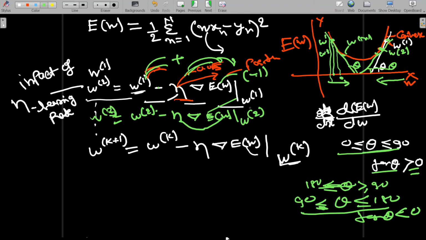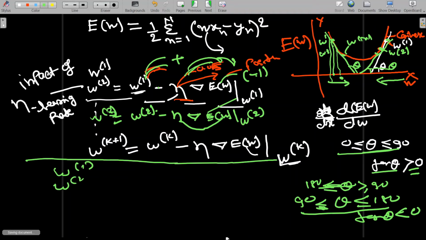Now let's consider that we have picked a very high eta value. What would actually happen? If you see here, you have the W1 point, and if you want to pick W2, it is W1 minus eta times the gradient of the error function at point W1.